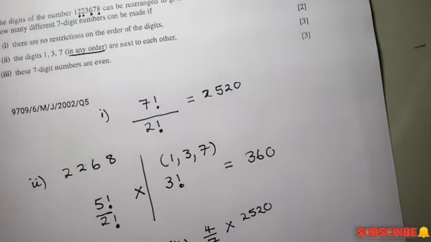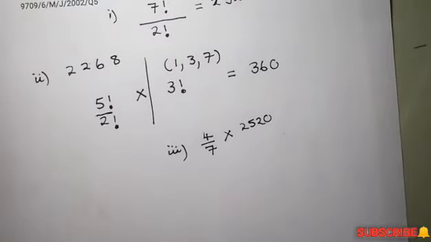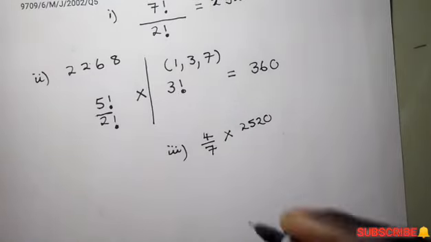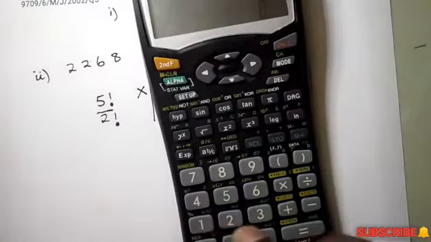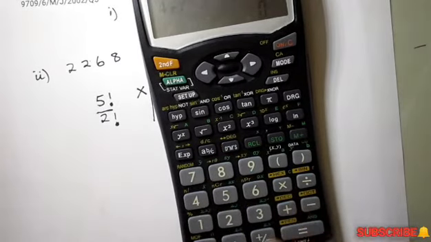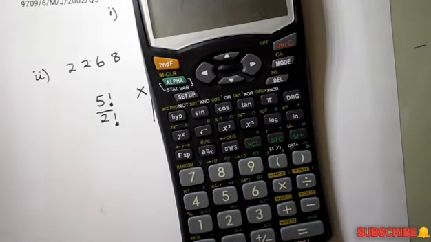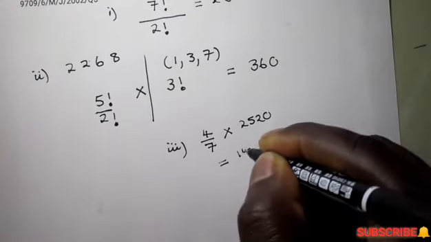So if you multiply 4 over 7 times 2520 ways, you'll be able to tell, right, how many 7-digit numbers can be made if these 7 digits are even. So you take your calculator, then you multiply. So 4 divided by 7 times 2520, you get 1440. So your answer is 1440.